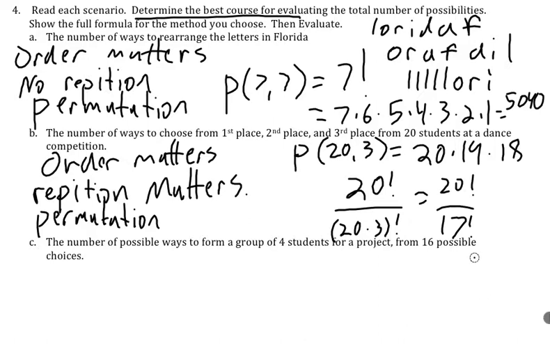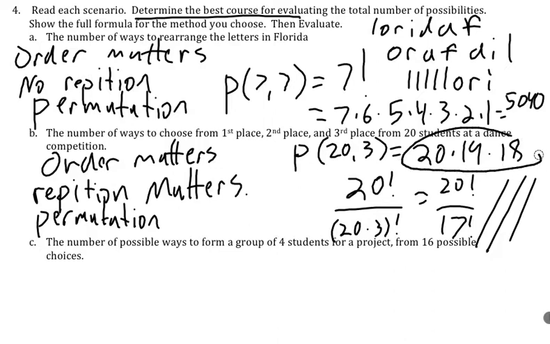But what happens is when you write out 20 factorial and you write out 17 factorial, you start eliminating all those common factors. The only thing that's going to be left is that 20, 19, 18. So that's the appropriate final calculation that we have to do. So we have 6,840 ways to decide on first, second, and third place.